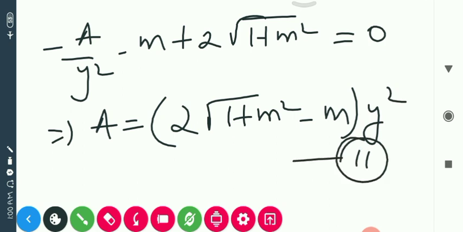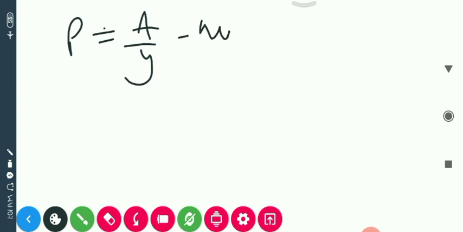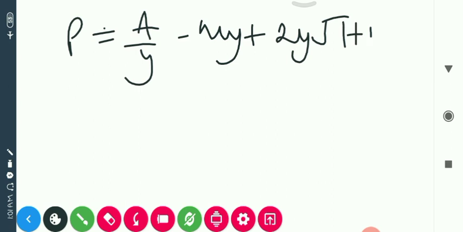Consider this equation 2. Now put this value from equation 2 into equation 1 that we considered previously, which was P equal to A by y minus my plus 2y under root 1 plus m square.